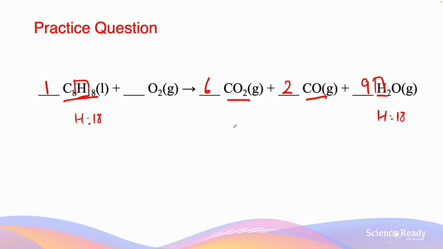Well, what I have now is a total of 8 C's, which is equivalent to what's on the reactant side, and I will have 12 plus 2 is 14 plus 9 oxygens. 6 times 2 is 12, plus 2 is 14, plus 9 is 23 oxygens. Well, these oxygens can simply be balanced by adding the coefficient 23 on 2 to the left-hand side, and then multiplying everything by 2 to remove the denominator.